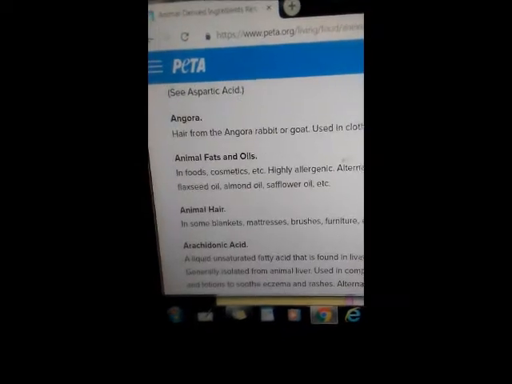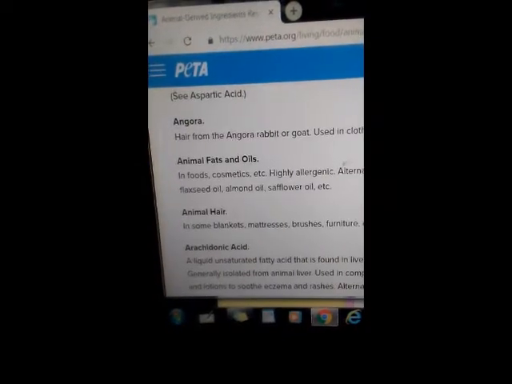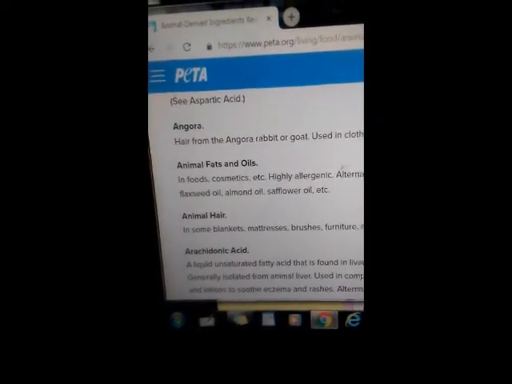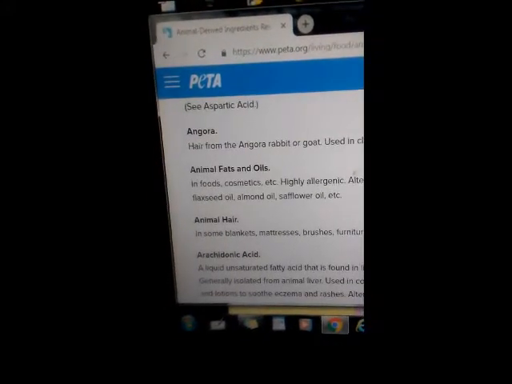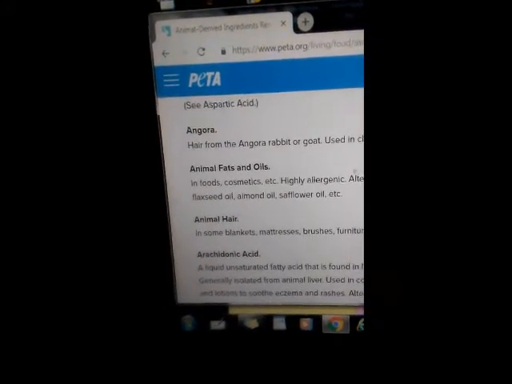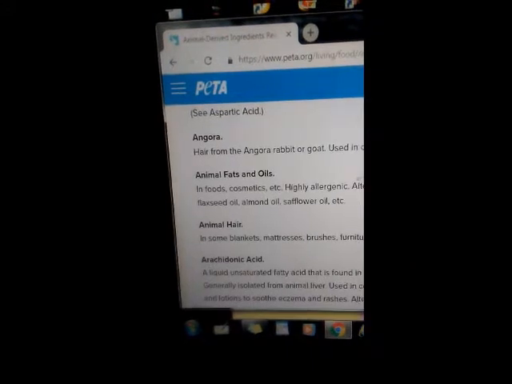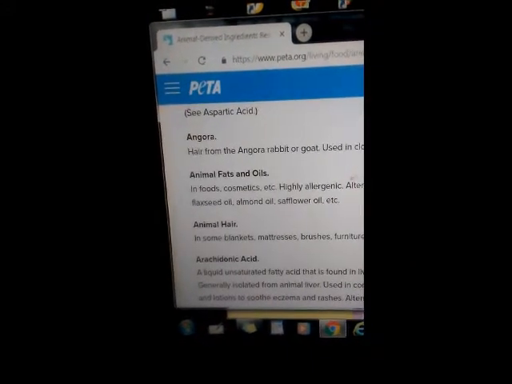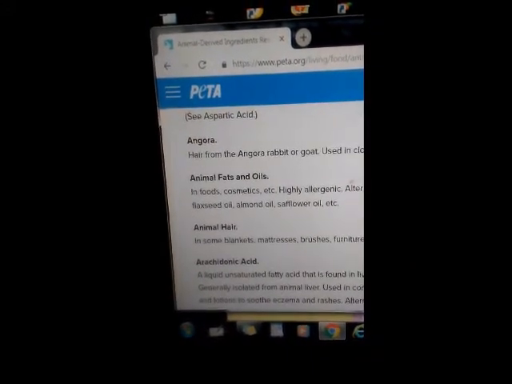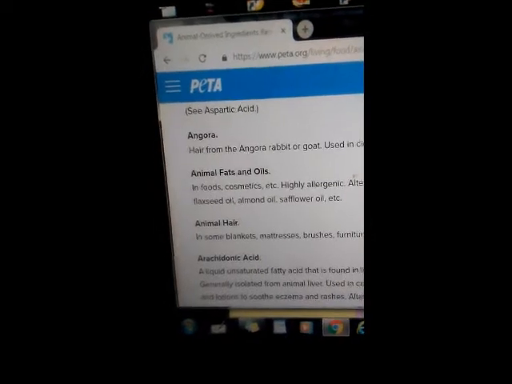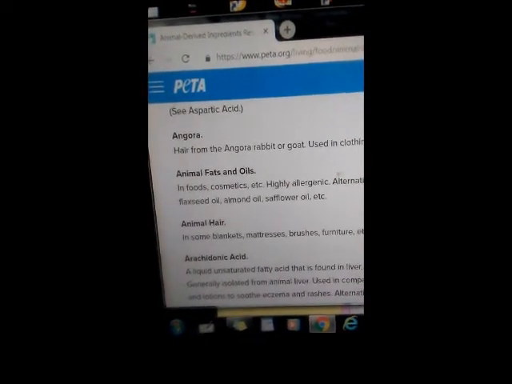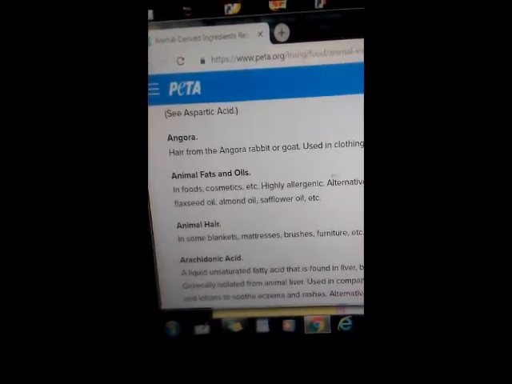Okay. So you got Angora, which is hair from the Angora rabbit or goat, used in clothing. Some people are allergic to certain animal hairs and stuff like that, and they use it in clothing.